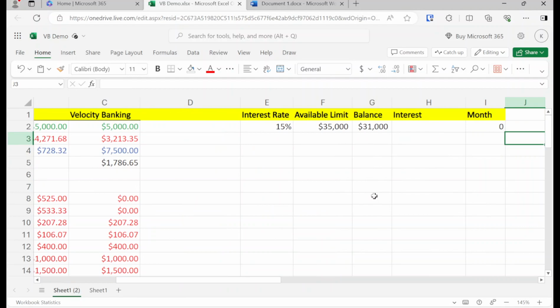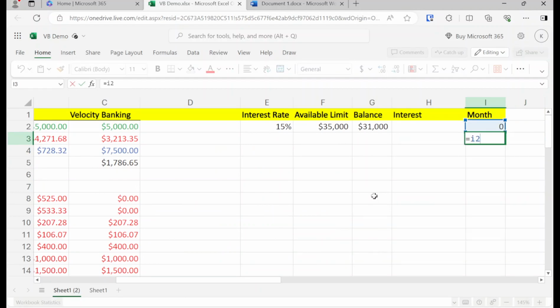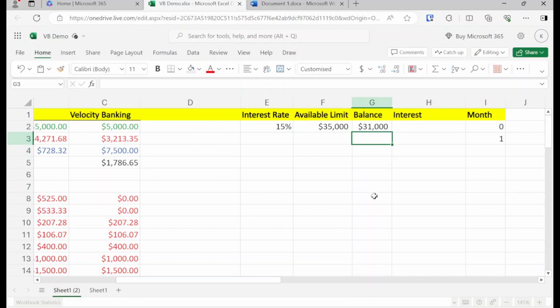So let's go ahead and just do a quick demo of how velocity banking would work. This is going to be I2 plus 1. And then this one is going to be the previous month's balance plus previous month's interest minus your cash flow. Say H2 minus 1786.65, right? So you see this right here. And then we've got to calculate the interest.